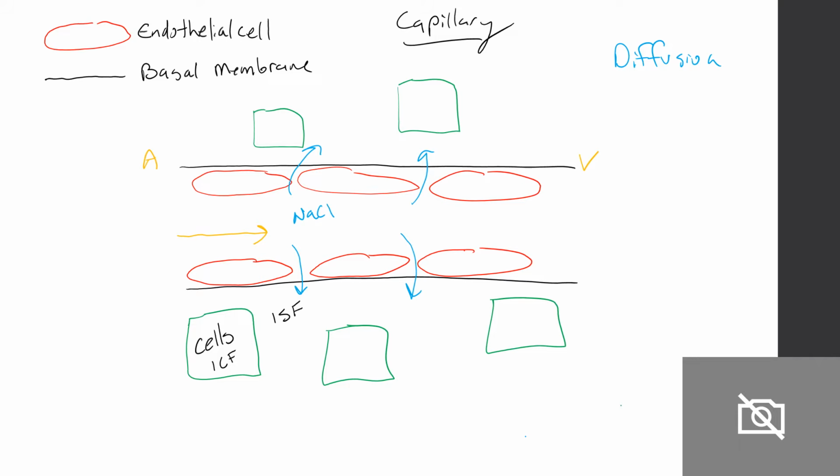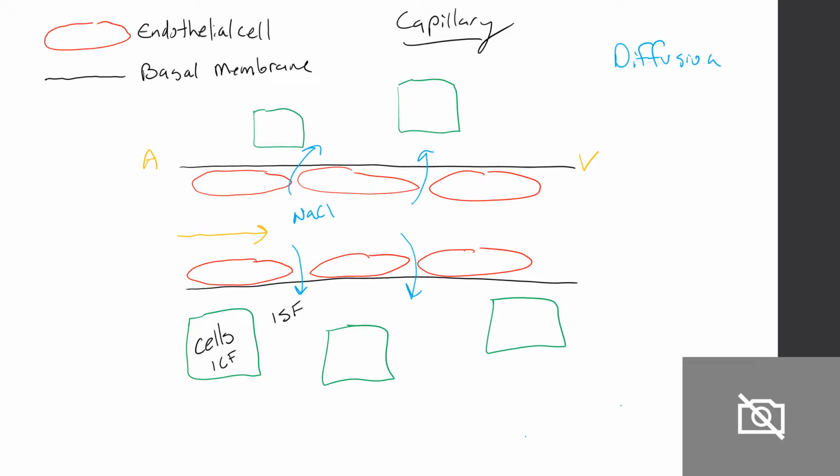Now, sodium is positively charged, and the chloride is negatively charged. Since there is a charge, they can't pass directly through the endothelial cells, so they have to go through those intercellular clefts. But they do freely move from the plasma into the interstitium, or if the concentration is higher in the interstitium, they'll move from the interstitium back into the plasma.